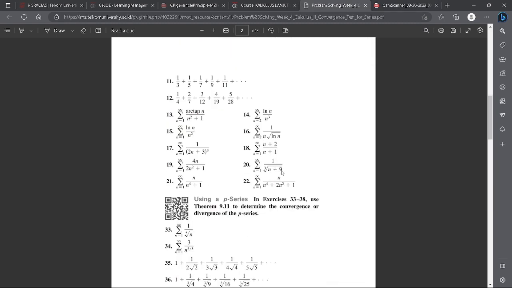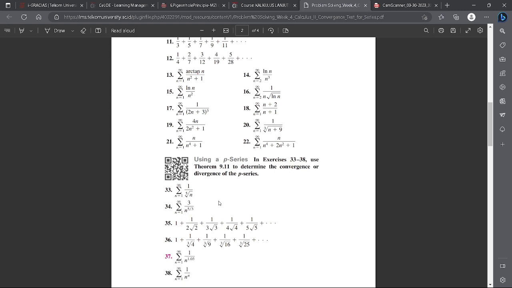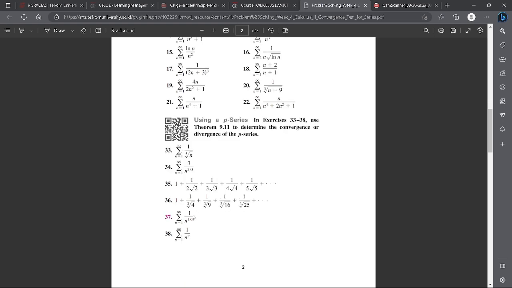And the next is using a p-series, and my problem is number 38: the sum from n equals 1 to infinity of 1 over n to the power p.